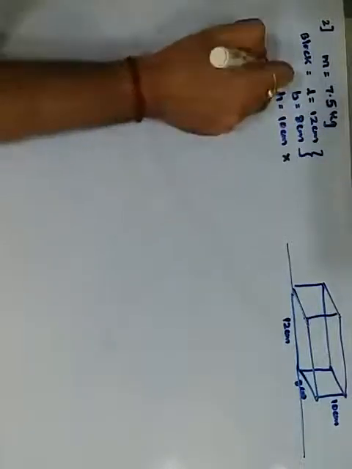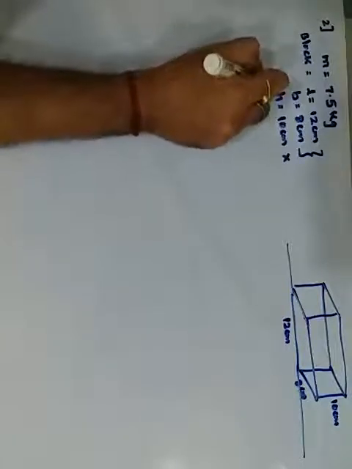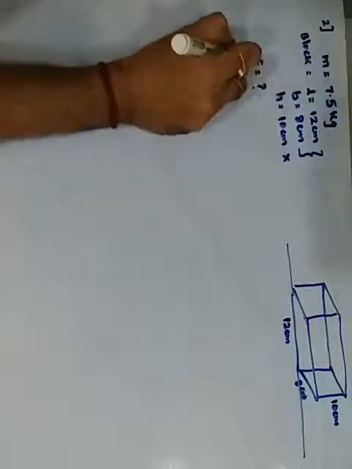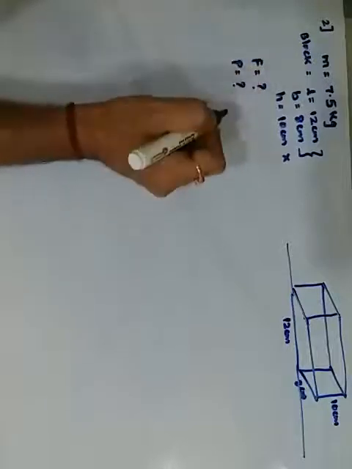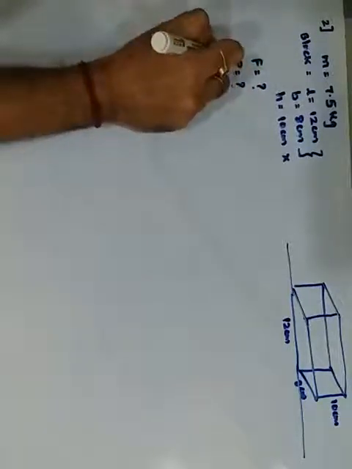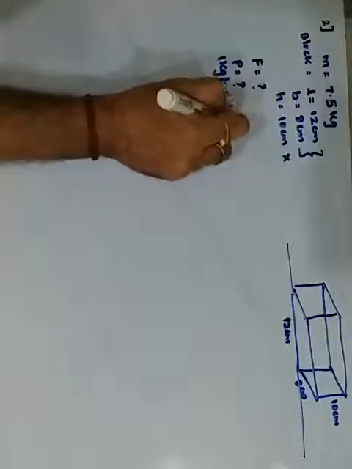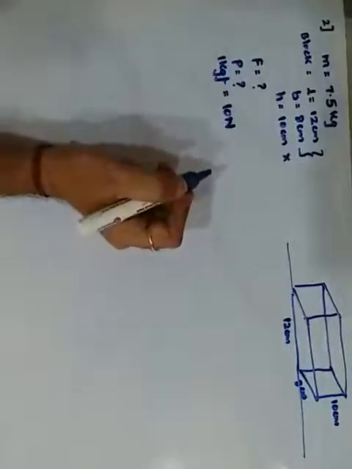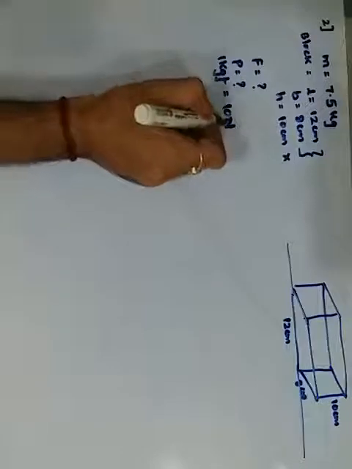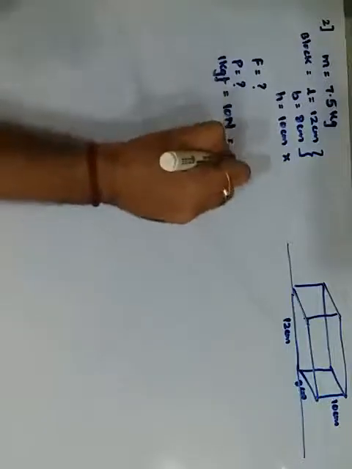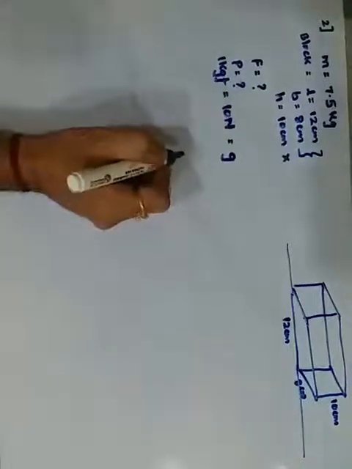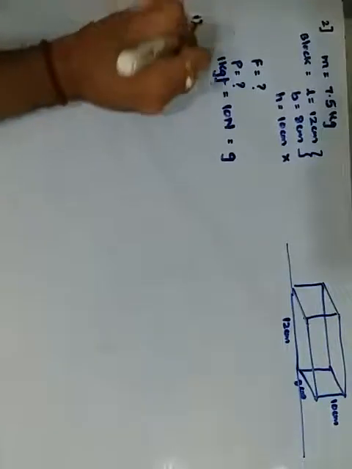Calculate the thrust. We want the thrust, that is the force required, and also find the pressure exerted. They have asked you to use 1 kilogram force is equal to 10 Newton. So they have actually provided you the value of g. First we calculate the force.